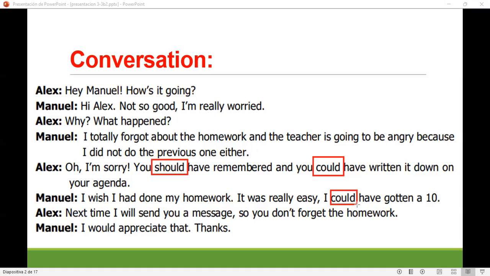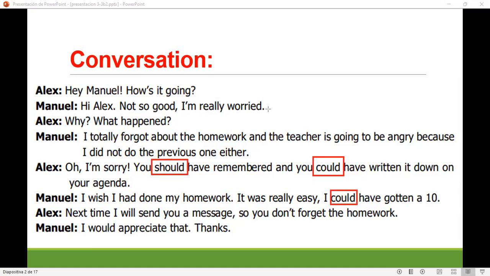So we have 3 modal verbs, okay? So look at here, you should have remembered. Do you know what's the meaning of should? Debería. Okay, very good. What is the meaning of could? Podría. Yeah, very good.